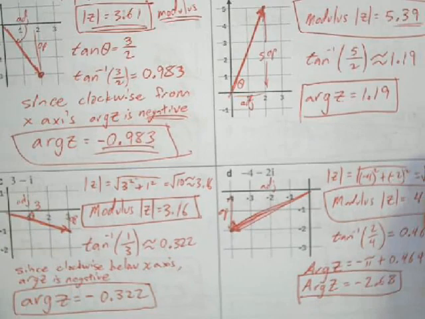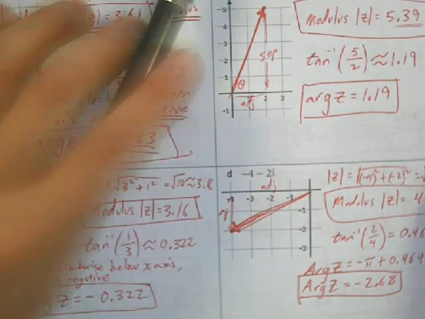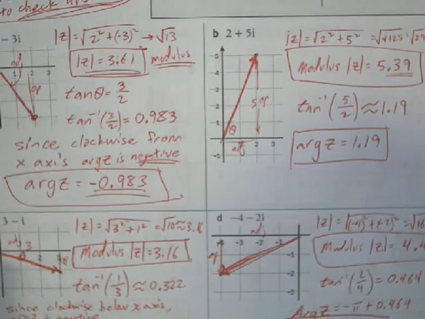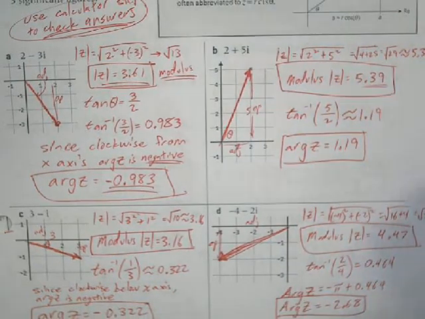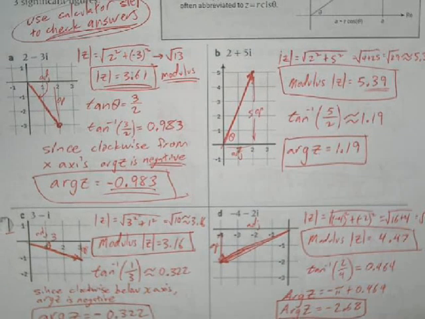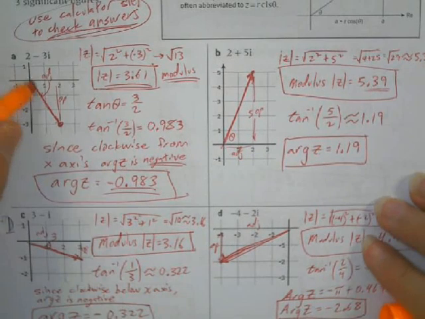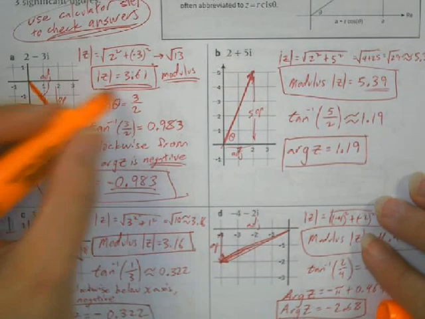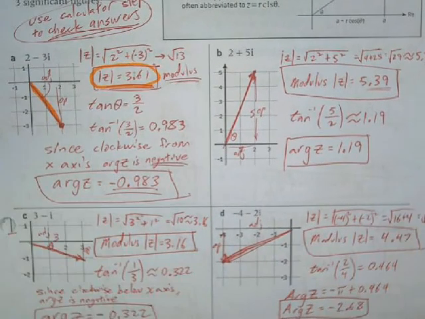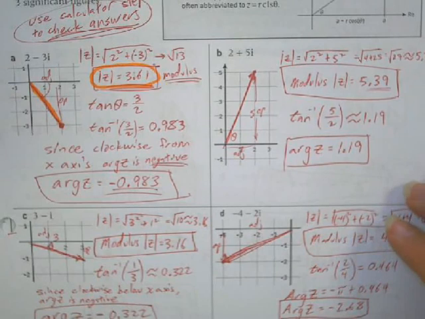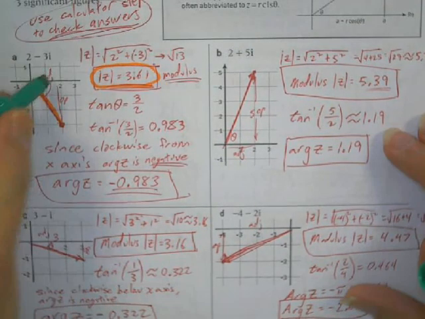Okay, going from Cartesian to polar, we just did some examples like that. So we found the modulus using the distance formula, and then I figured out the angle. This angle right there.